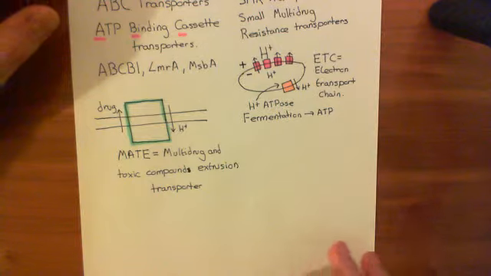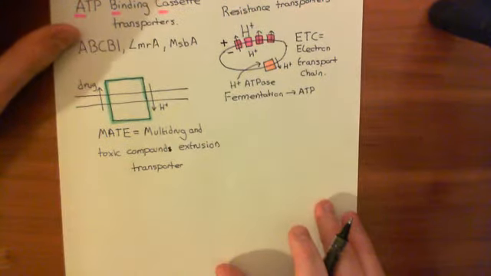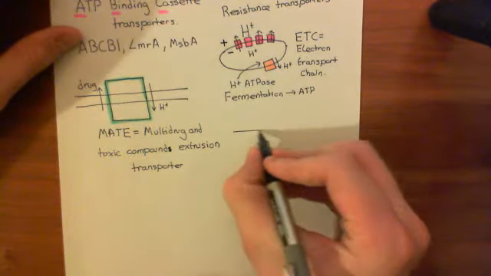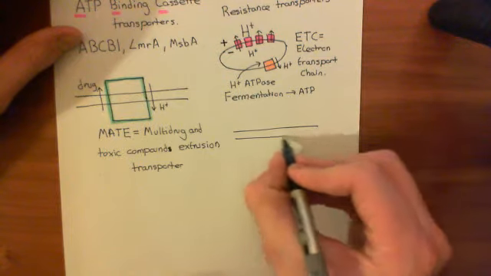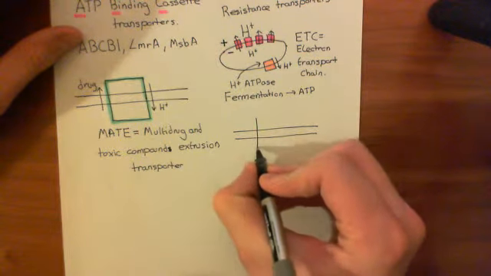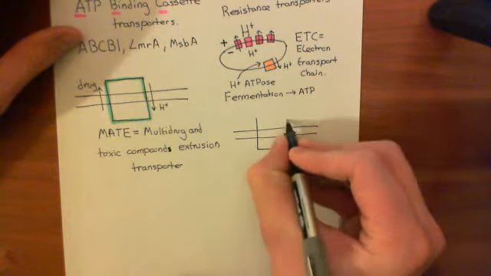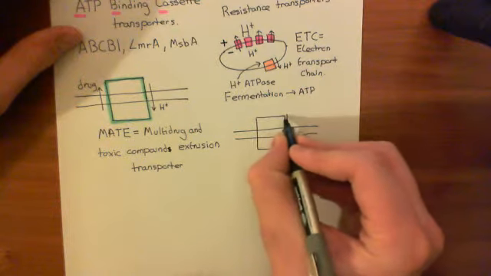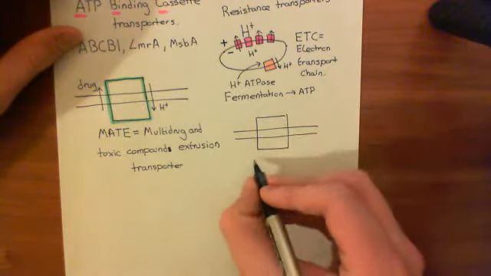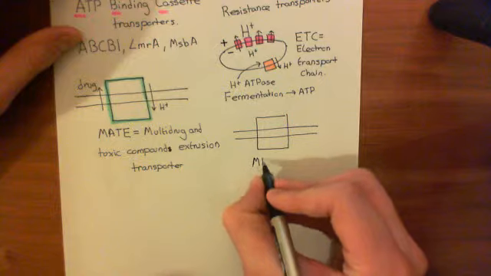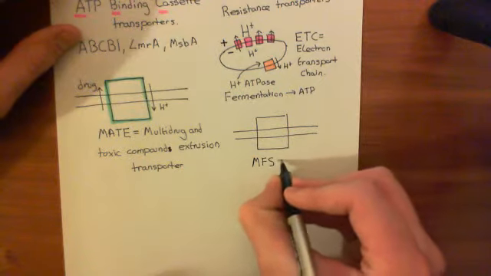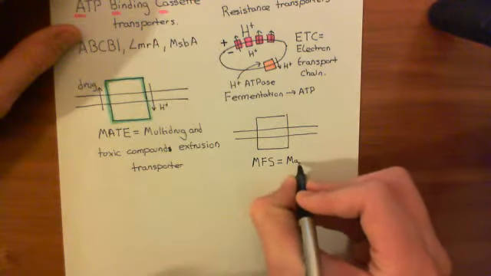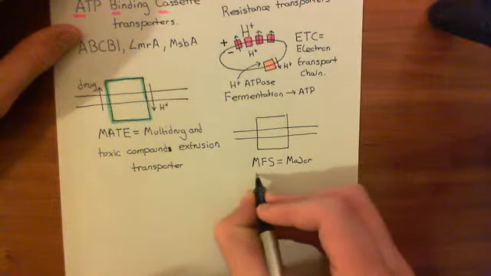Okay, so let's move on to the next family. The next family, which we'll draw down here, is the MFS family, which stands for Major Facilitator Superfamily. So these are the MFS transporters, the Major Facilitator Superfamily.